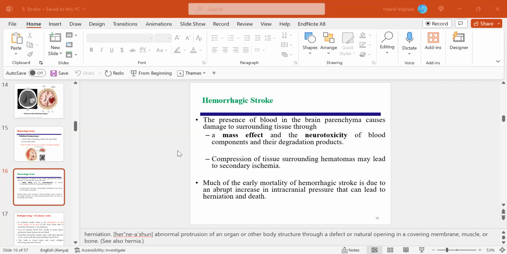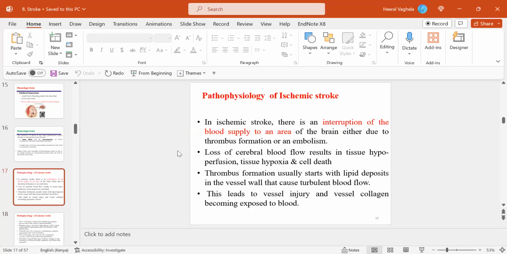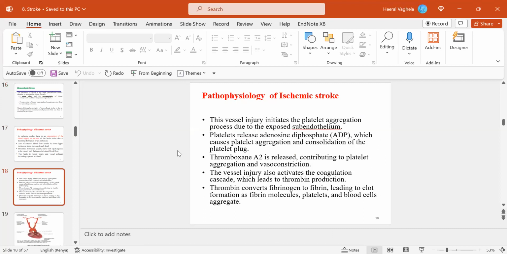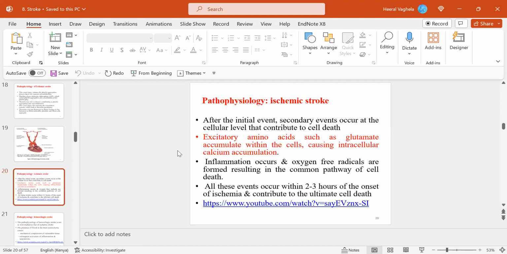Then for ischemic stroke, again, we know it's atherosclerosis or just an emboli.